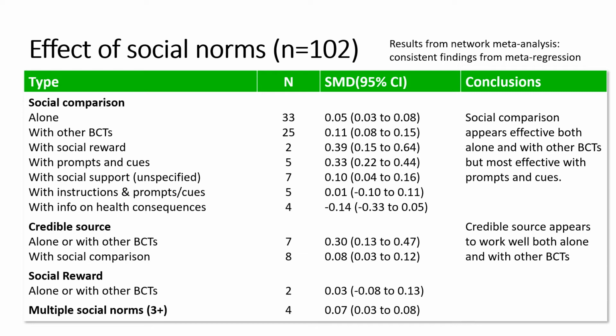Social reward we only found in 2 studies, where we found it not to be an effective method, although as you'll see up above, when social comparison was combined with social reward, it does seem to have been effective. So rather a confusing picture there on social reward. There were some studies that used multiple social comparisons, 3 or more together. That was in 4 studies, and those were shown to be effective.